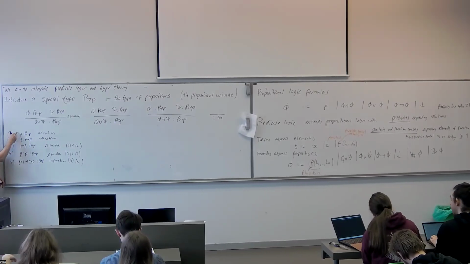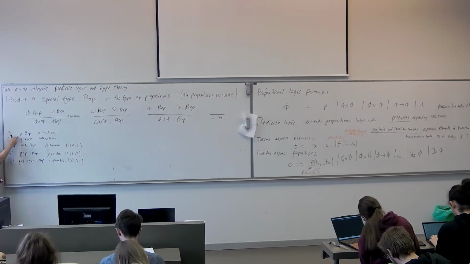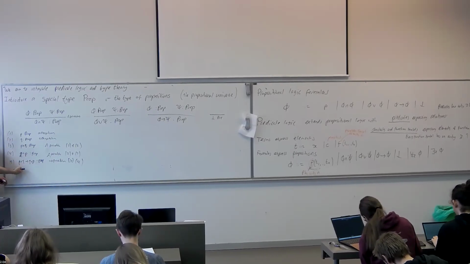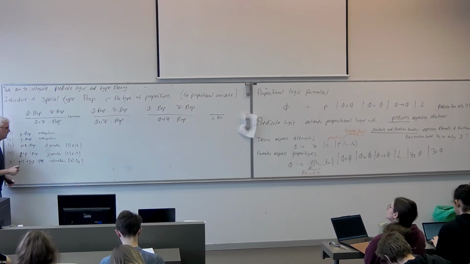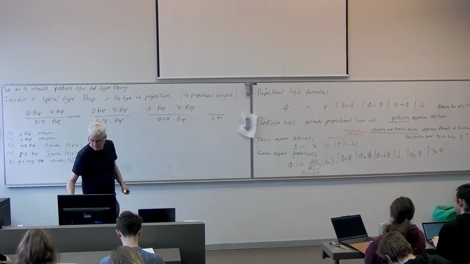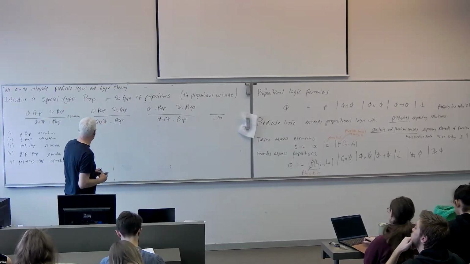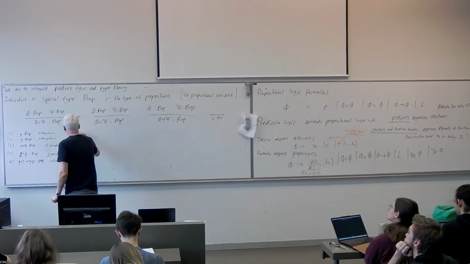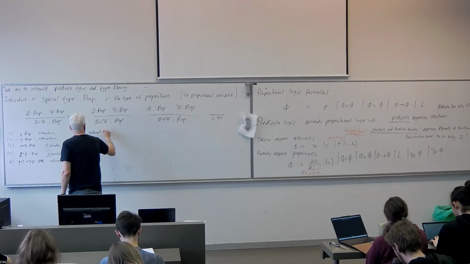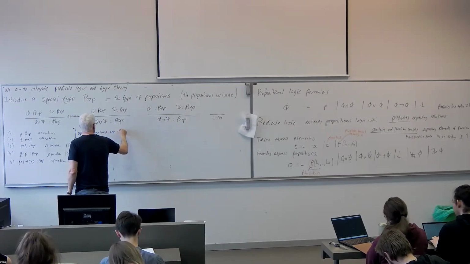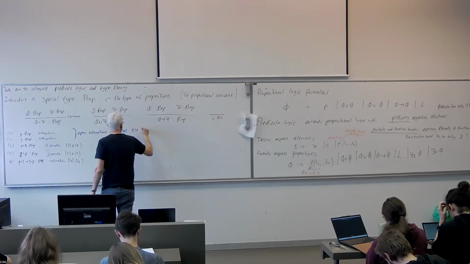Okay? And these open assumptions are called the context. So the current context we're working with is the context. In order to understand this formula, we need to have propositional variables p and q.